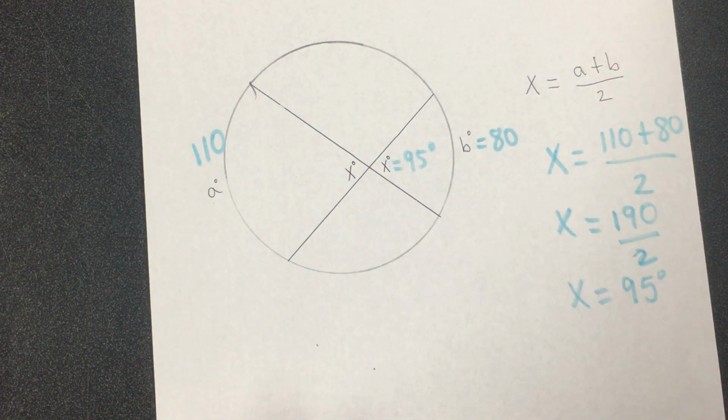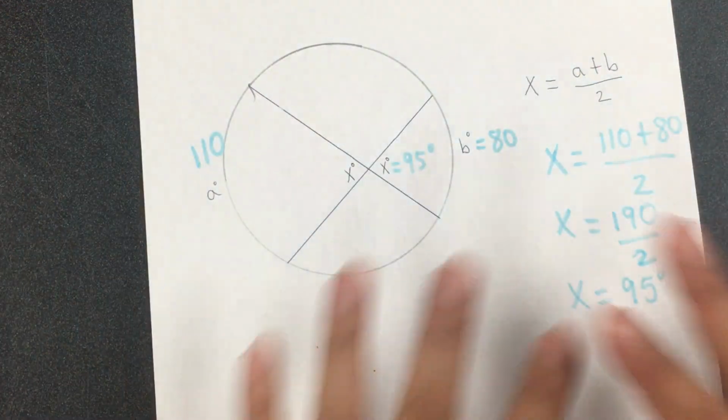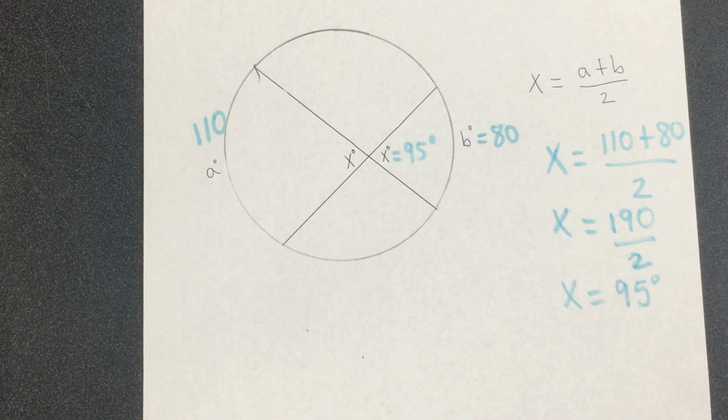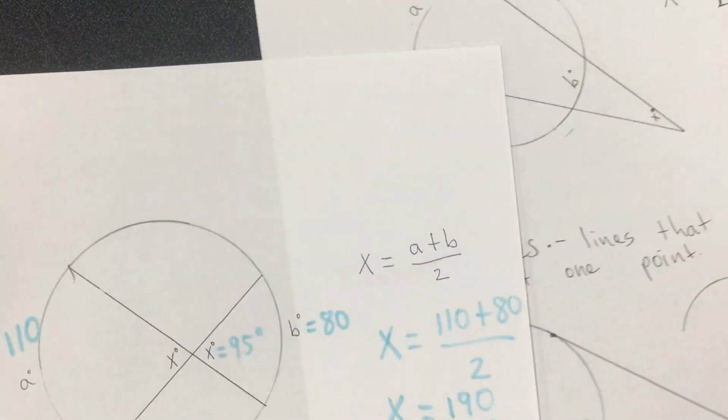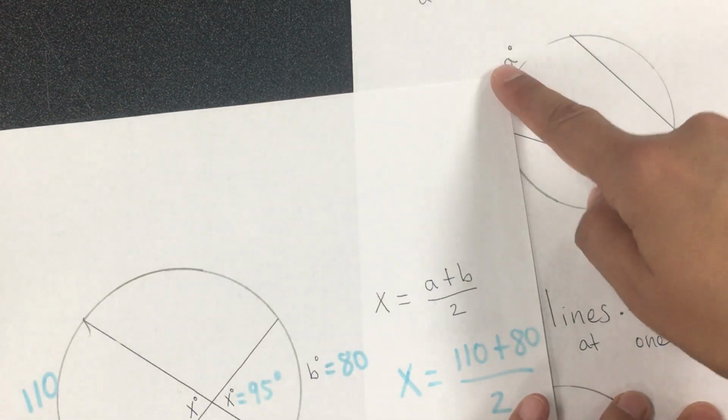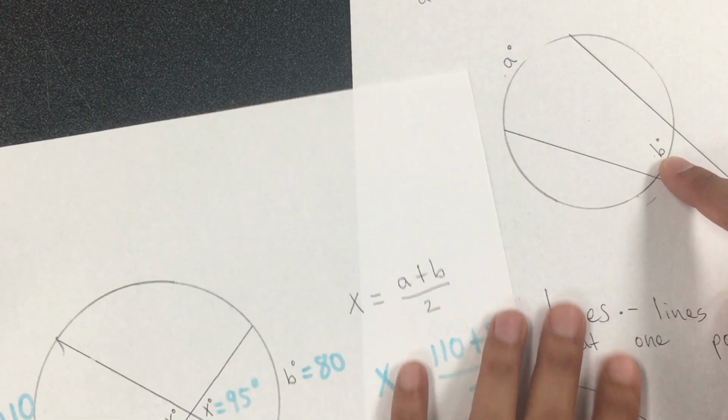Okay, with this you're now able to do 9.3. Hopefully I didn't confuse you with this last example. Just remember, with this type of exercises, you subtract a minus b divided by 2.